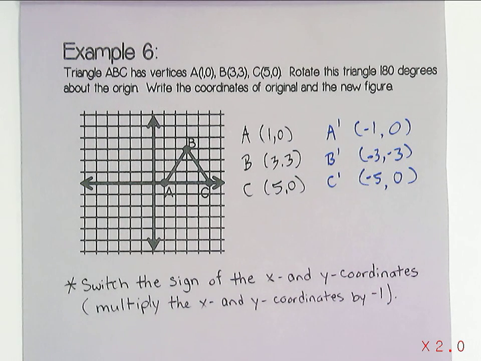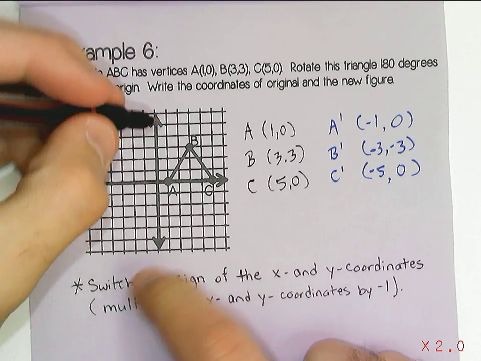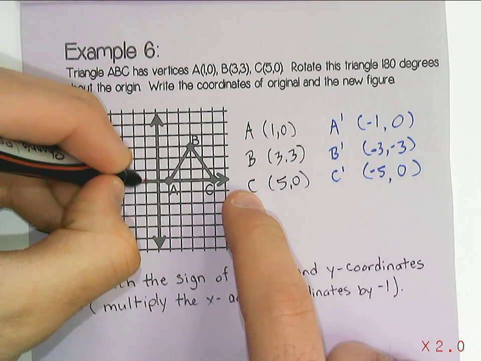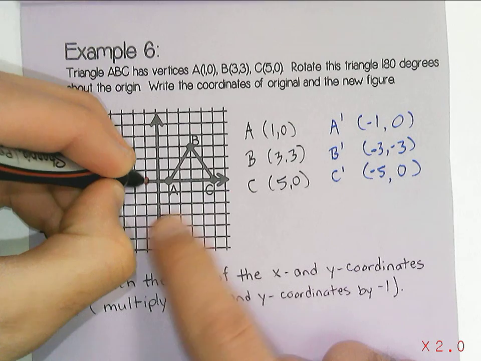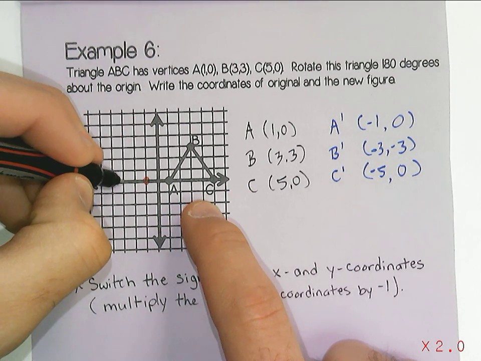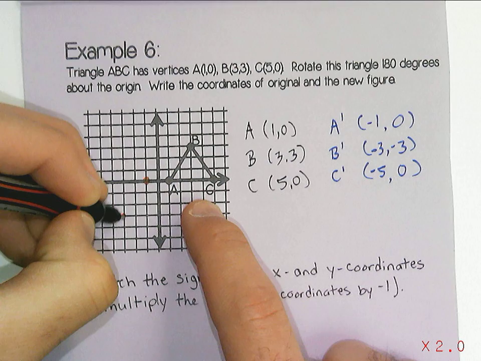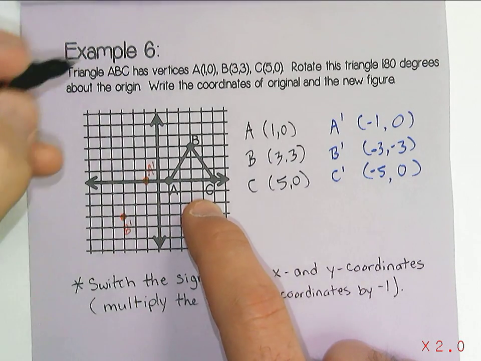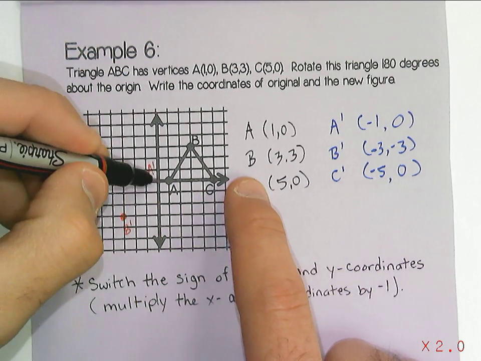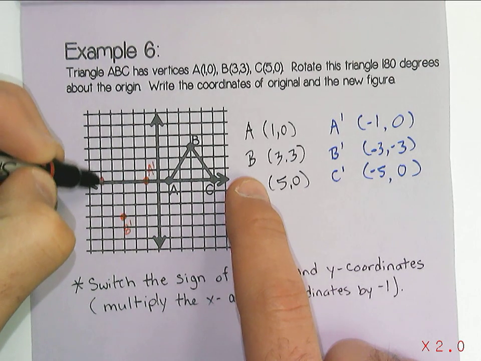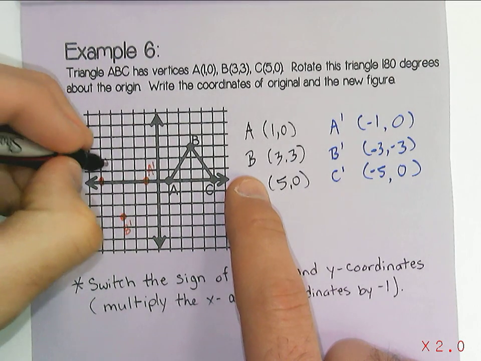So let's go ahead and plot those then in order to have our new figure. So A prime would be -1, 0, -3, -3. Again, I should be labeling these, so A prime, B prime, and then -5, 0. 1, 2, 3, 4, 5. C prime.